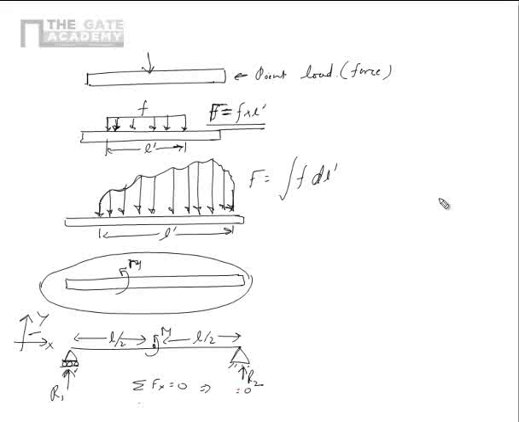So 0 equal to 0. Sigma Fy is also equal to 0, but that also leads to 0 equal to 0, which means that there is no applied reaction. Wrong. There are reactions to the beam by the supports, even though there is no applied force. So please remember, applied force is different than reactions.